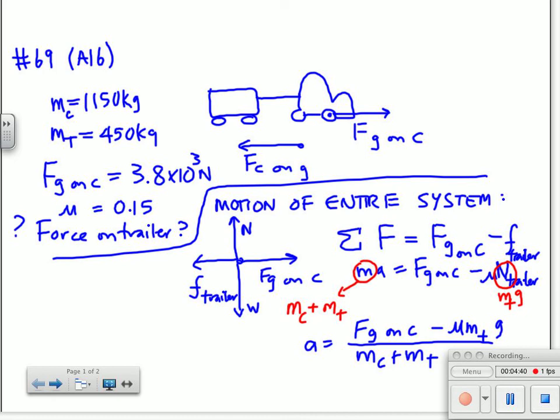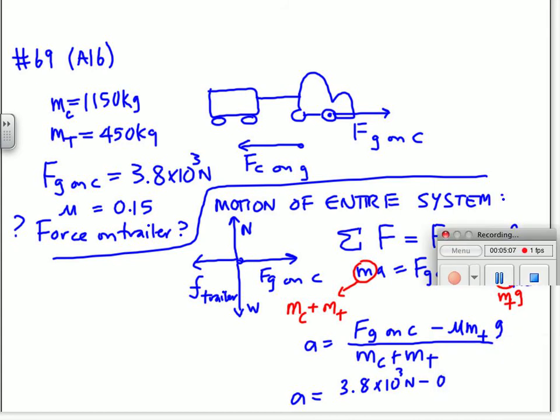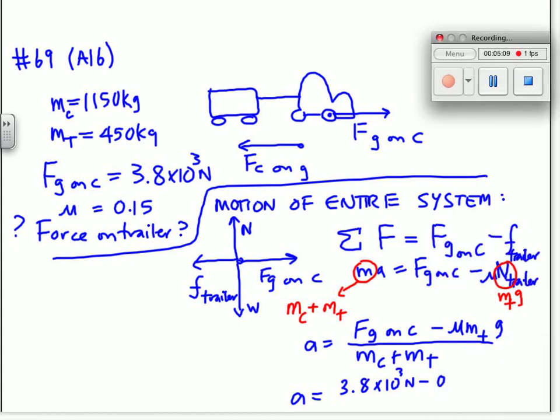Now, let's take a minute and calculate this acceleration. When I substitute in numbers, I'm going to have 3.8 times 10 to the third newtons minus 0.15.